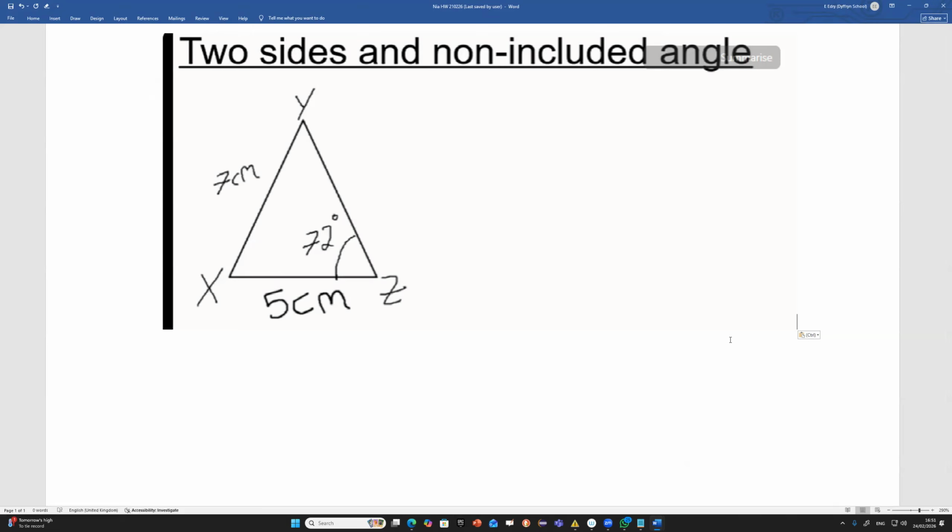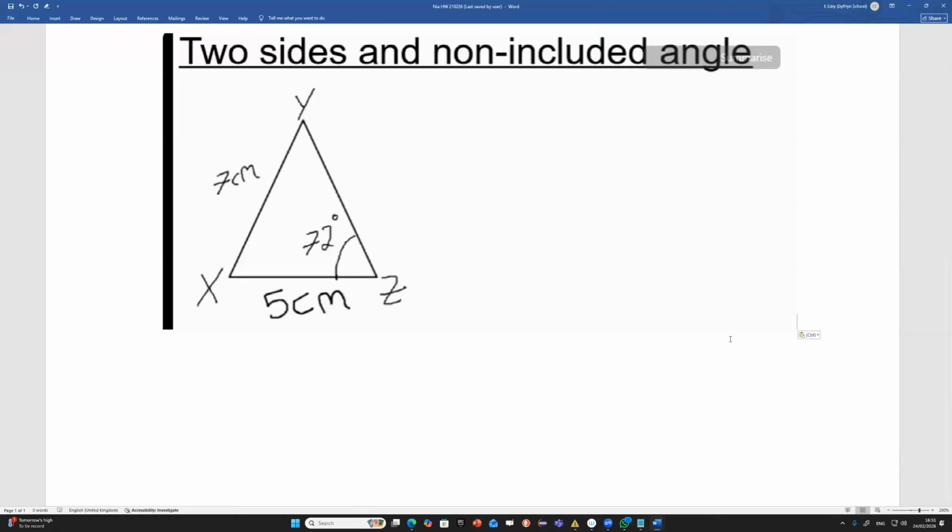Like that. But then I can see the line XY is 7 centimeters. So I'm going to open my compass up to 7 centimeters, like that. Then I'm going to put my compass point on X and draw an arc.